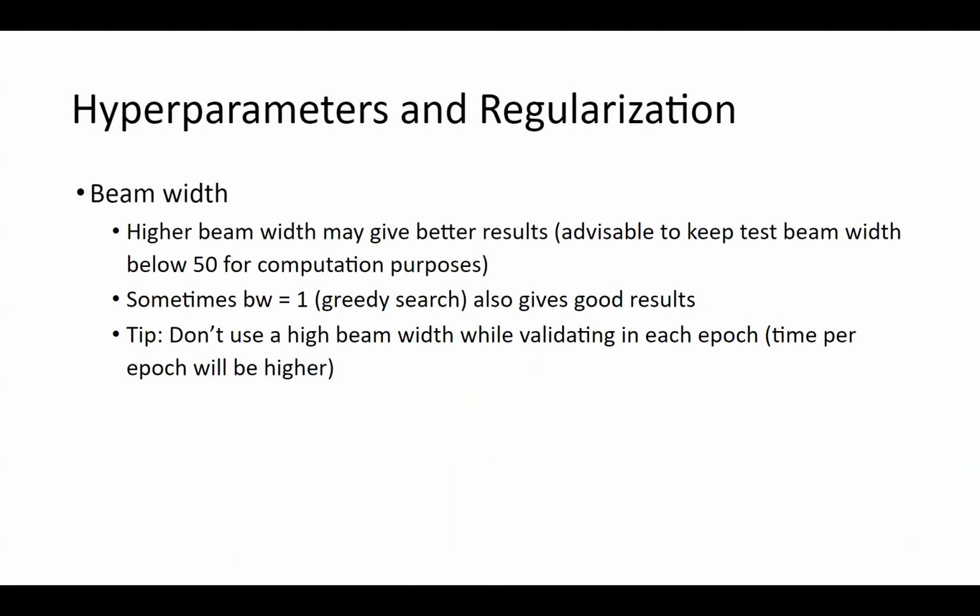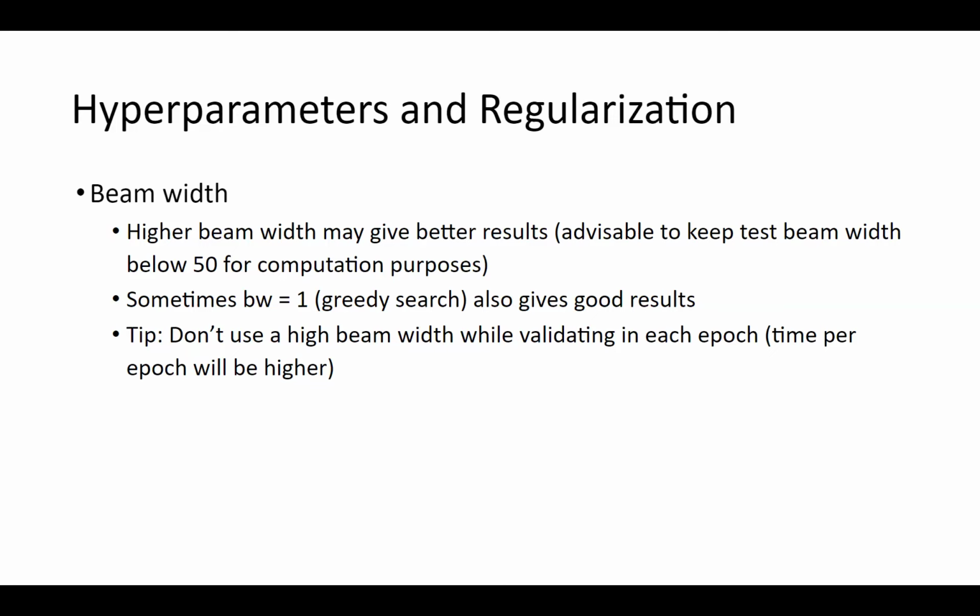Another hyperparameter that we can look at is beam width. For testing purposes, you can use a higher beam width, but it is recommended that you keep it below 50 for computational purposes, since higher beam widths demand more computational resources.